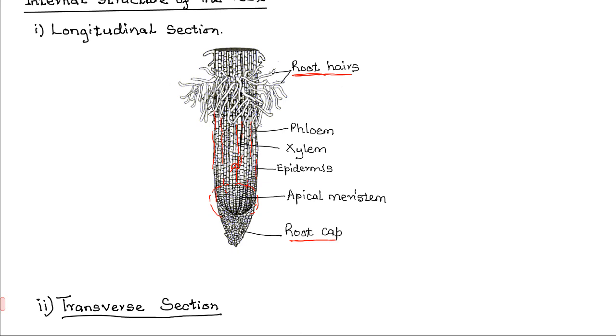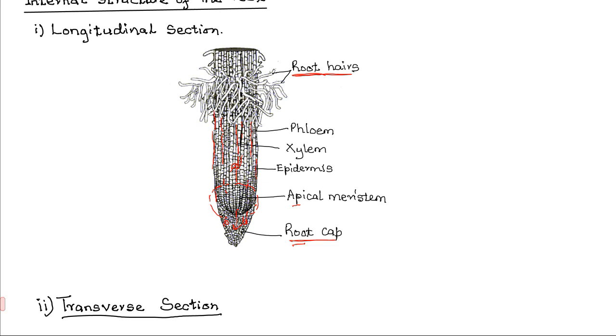So the root cap is a protective structure that is relatively impermeable to water and solids. As the outer cells wear out and die, new cells from the apical meristem are produced to replace those that are worn out and fall off.